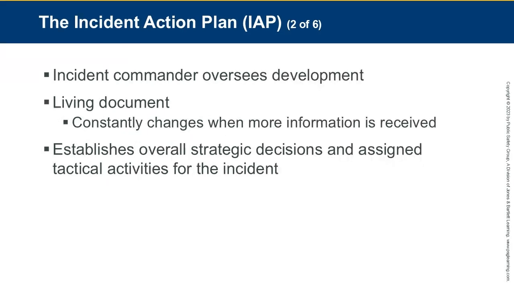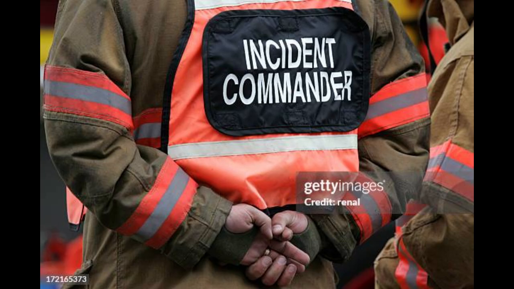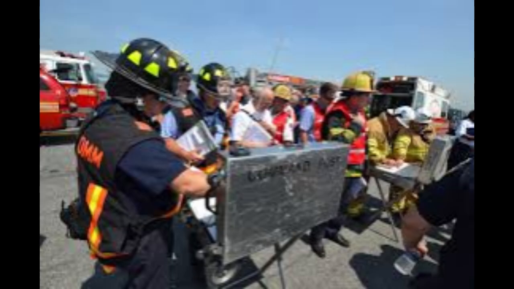Now, at operations level, understanding command hierarchy is critical. The Incident Commander, IC, oversees IAP development, but as operators, your input informs those decisions. The IC ensures that strategic decisions and tactical assignments align with both safety and operational goals. The IAP is a living document.